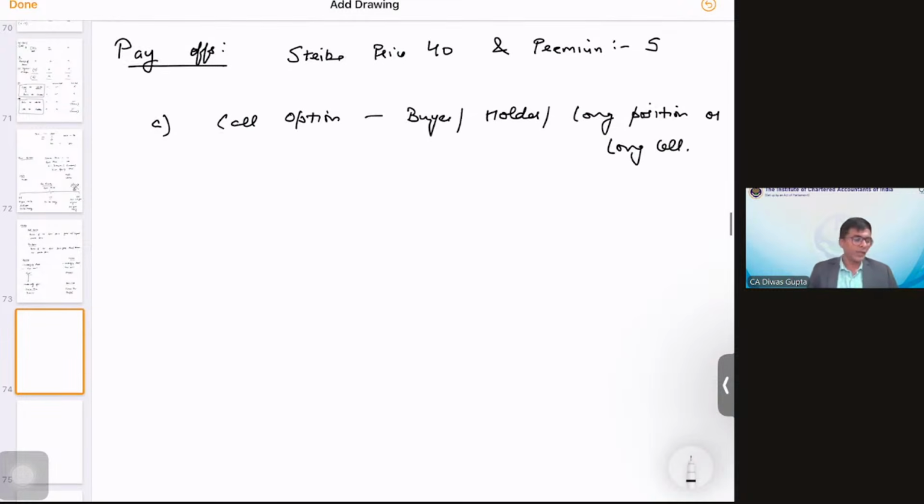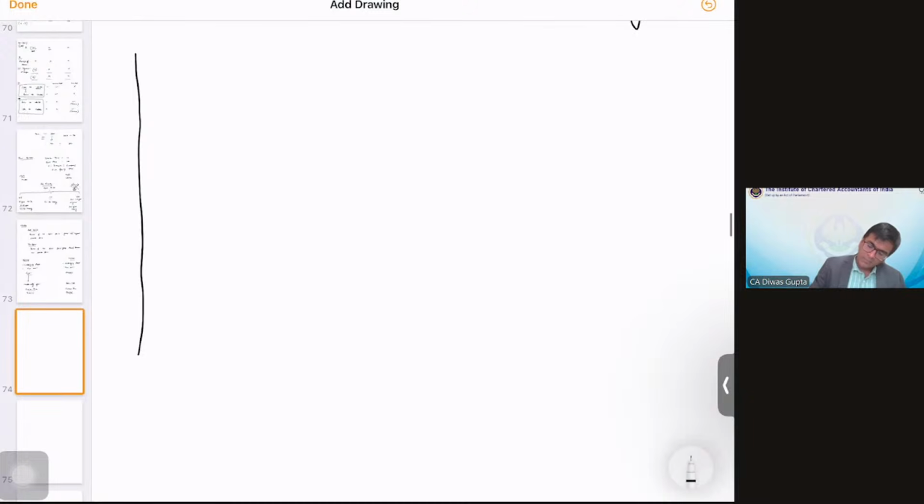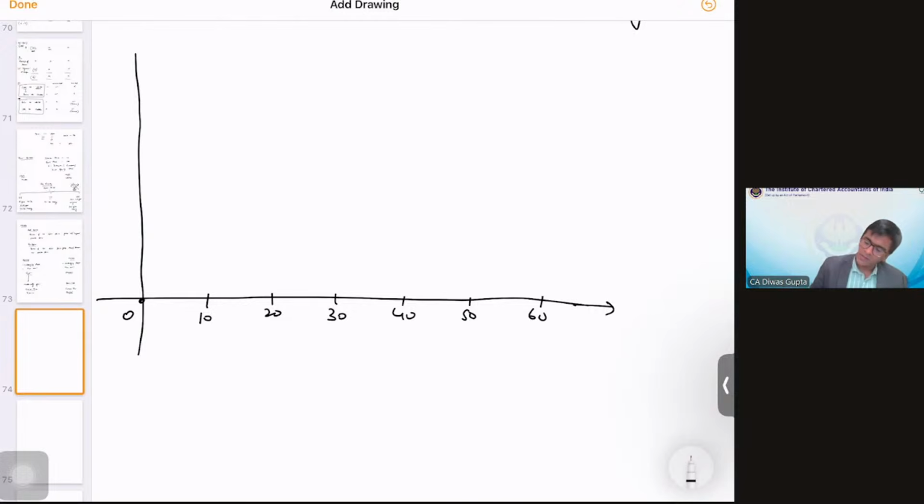On this axis we have 0, 10, 20, 30, 40, 50, 60, and this will go on. So this is what we have put here as the price of shares.